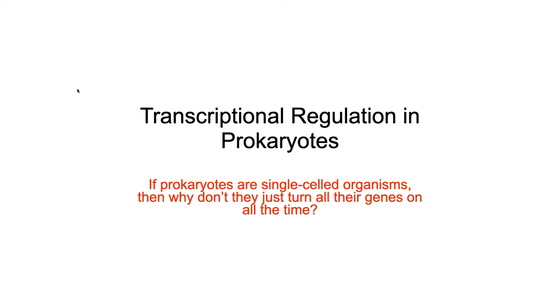And so if there has been a regulatory system evolved that gives the cells the ability to turn off the activation of genes that aren't necessary at a given moment in time, those cells will have an evolutionary advantage over cells that have not evolved a system of regulation.